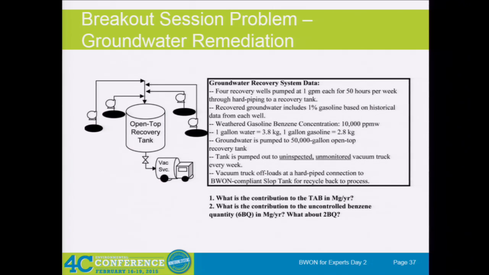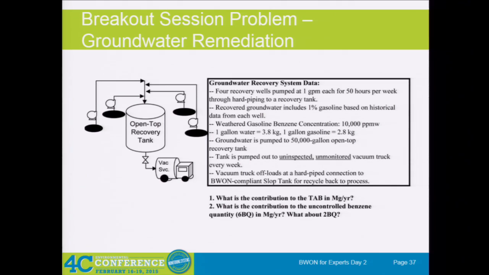The recovered groundwater includes 1% gasoline. So 1% of that 1 gallon per minute is gasoline. We have a weathered gasoline benzene concentration of 10,000 ppm. We have our conversion factors for our water and our gasoline.